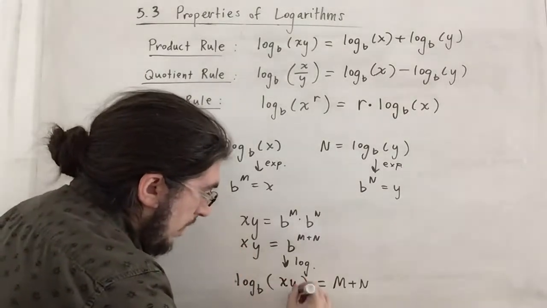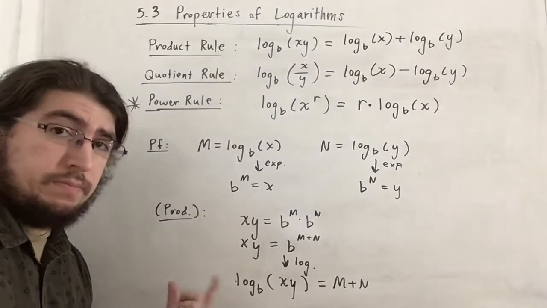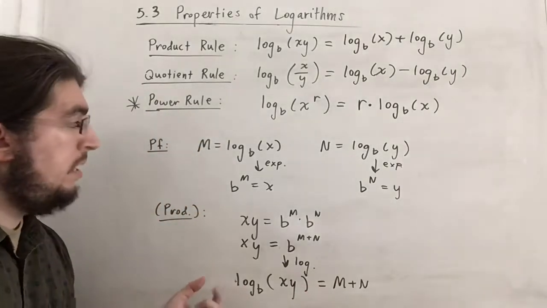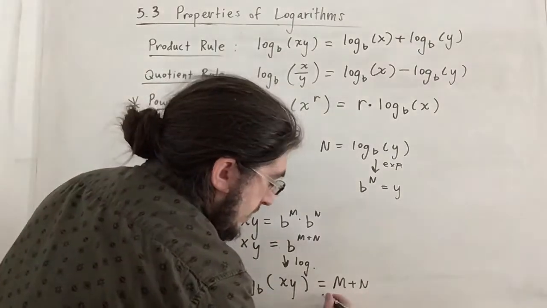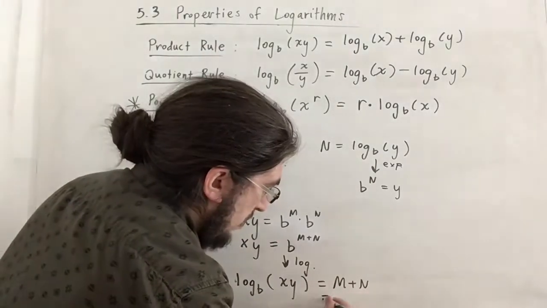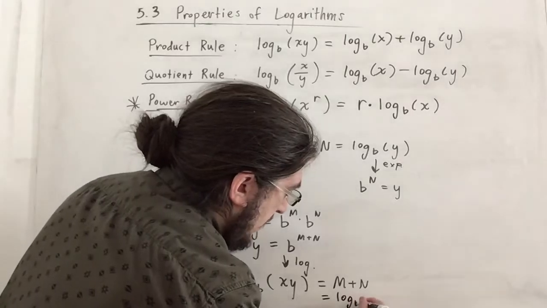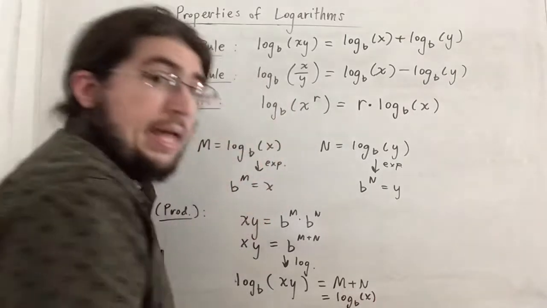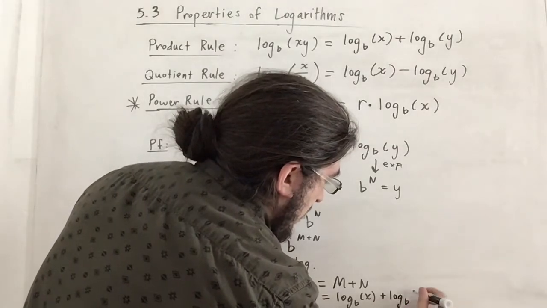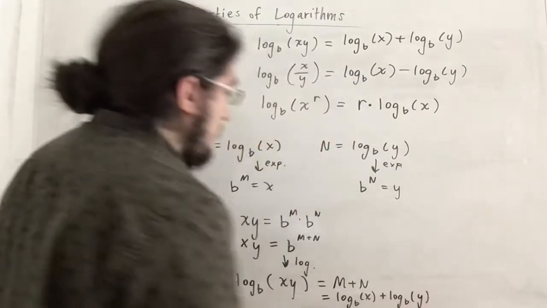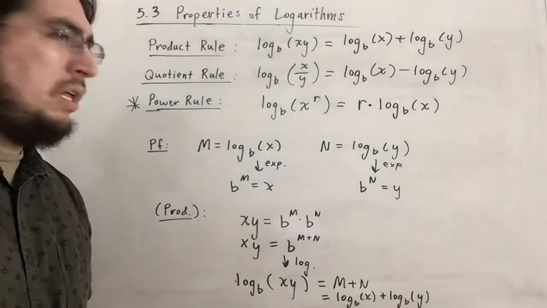So right away we get log base b of xy, which we're trying to find, is equal to m plus n. But we know m is log base b of x, and n is log base b of y. So there we go, that proves the product rule.